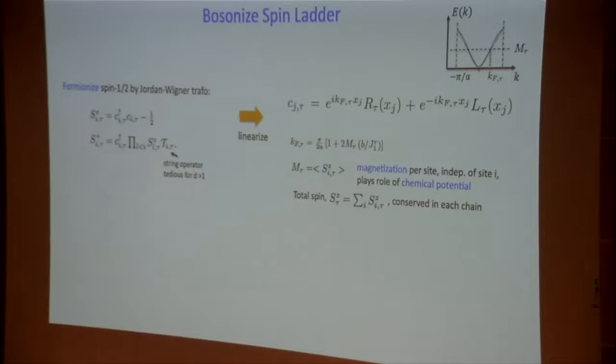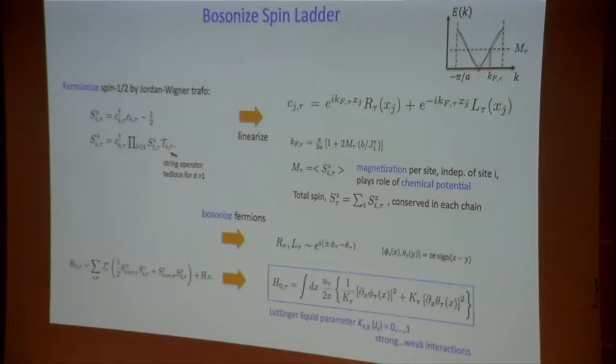We can tune the filling, so to speak, of that chain. And the magnetization can be tuned by the magnetic field. So we have an external parameter to handle that system. And this magnetization per site is uniform, does not depend on the site. It's also important to emphasize that the total spin in each chain separately can be conserved.